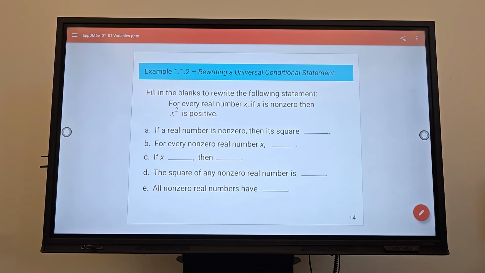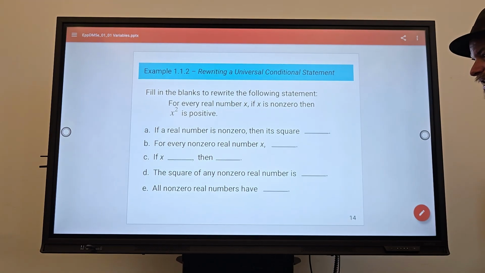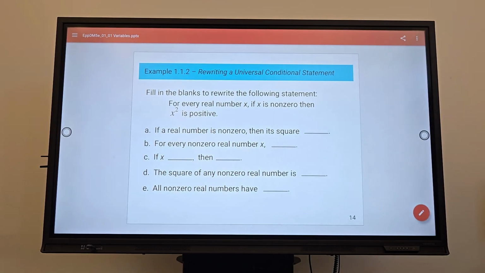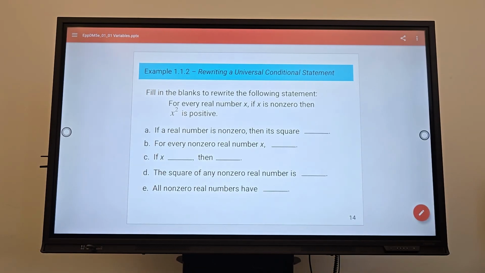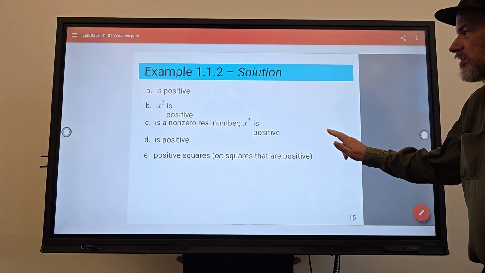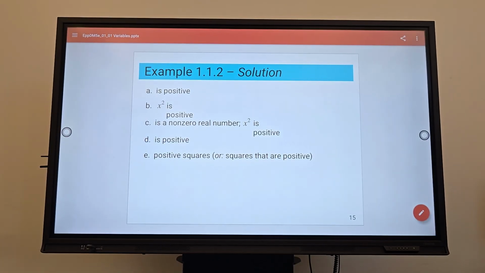The square of any non-zero real number is positive. All non-zero real numbers have positive squares.